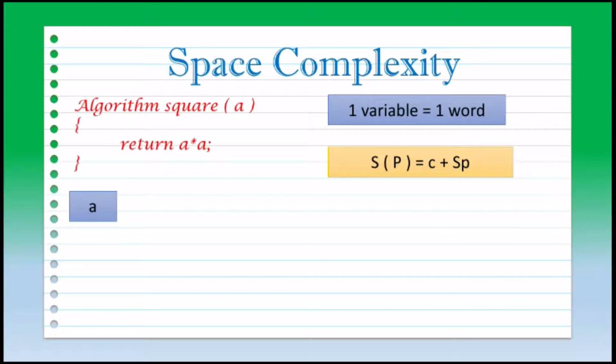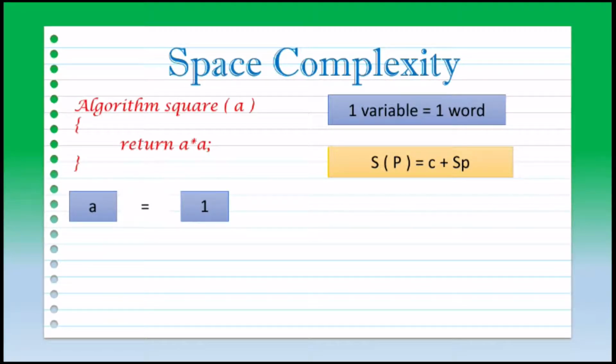As we know, for one variable we are considering one word of space. So A requires one word, and there is no variable whose size may change depending on input.